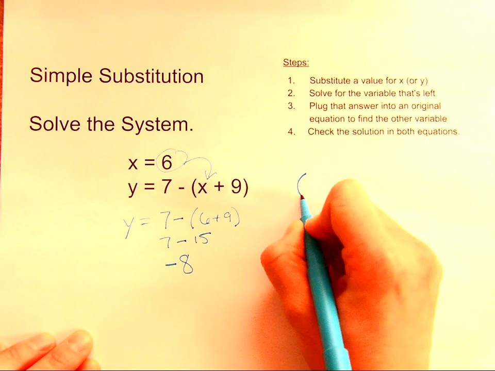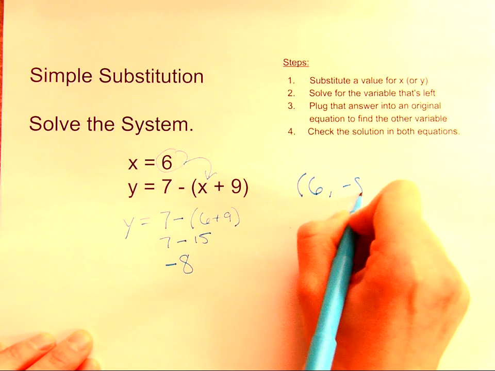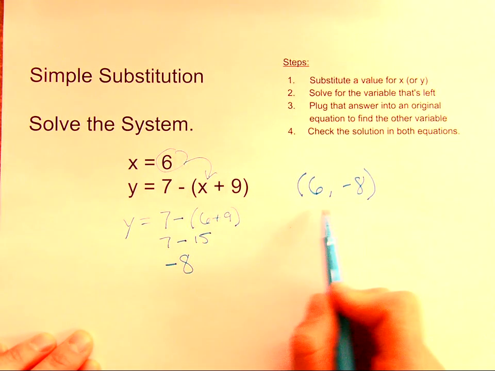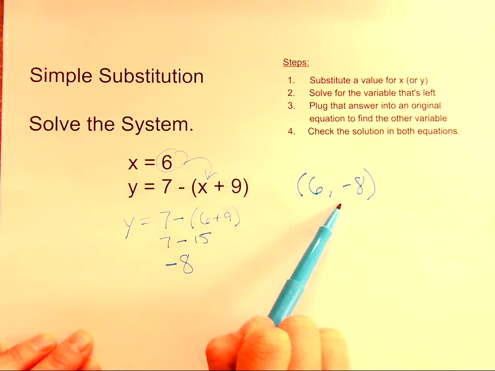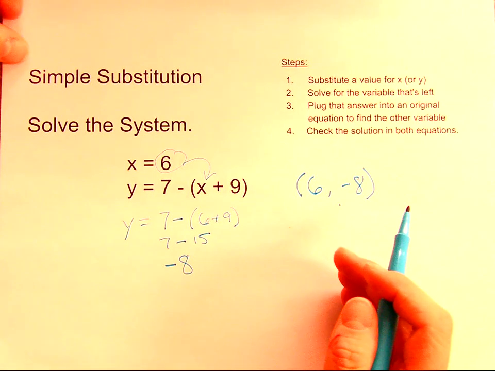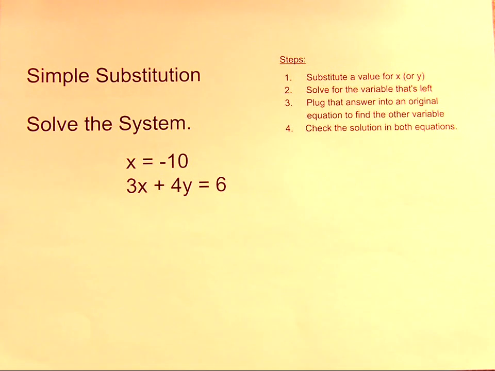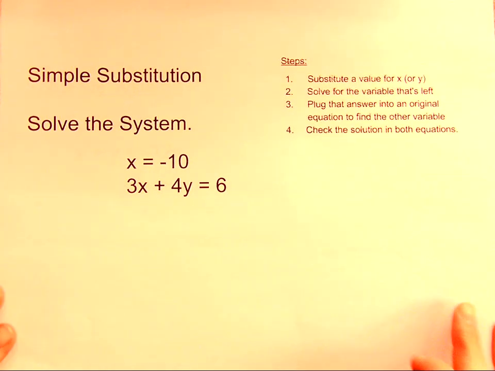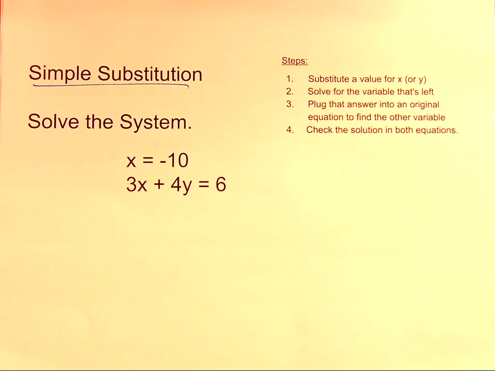A solution is an ordered pair, so make sure you're writing your answer as an ordered pair. X is equal to 6, y is equal to -8. Pause the video. This will be our last simple substitution one, and then we'll look at some harder problems.